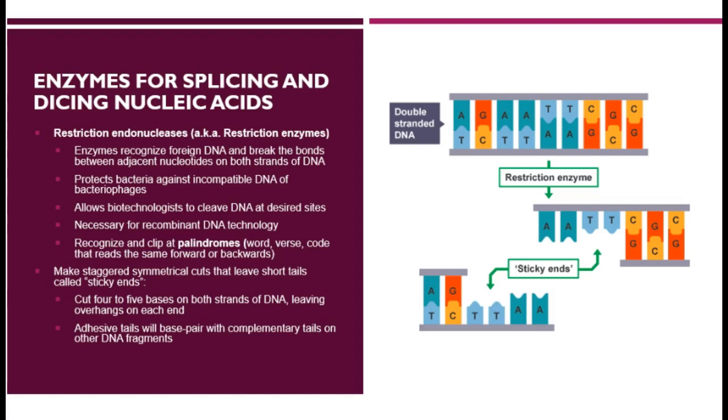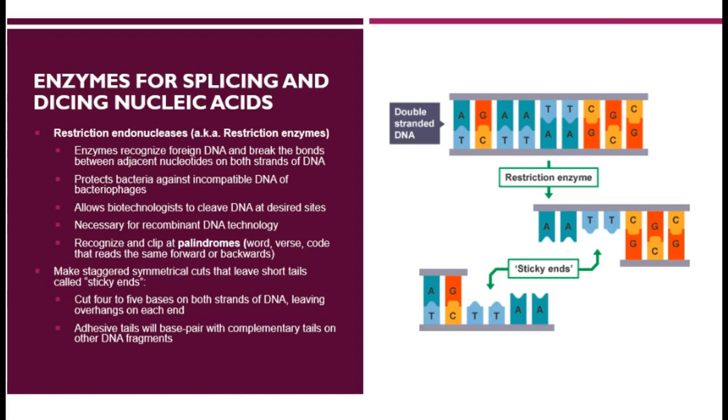All right, so restriction endonucleases are also known as restriction enzymes, and these are enzymes whose normal function within bacteria is to break the bonds of nucleotides within fragments or pieces of foreign DNA that end up in the bacterium.